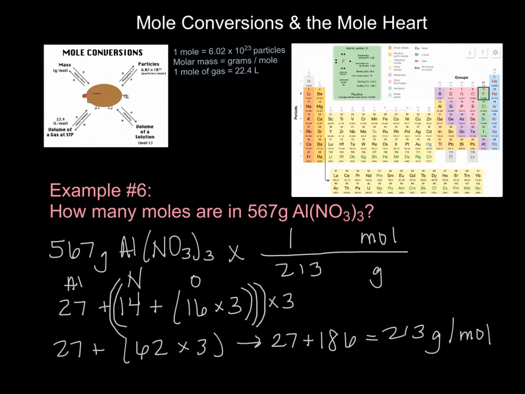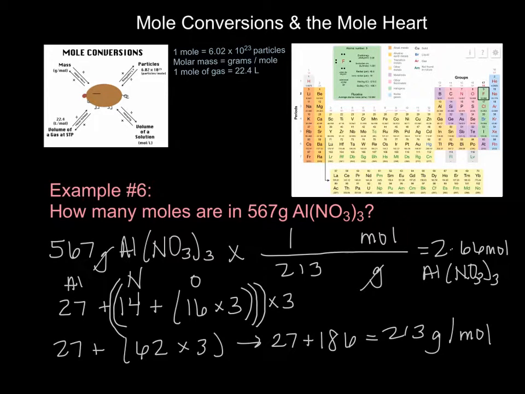So now I take my 567 divided by 213, and my grams are going to cancel, and I'm going to be left with 2.66 moles of aluminum nitrate.